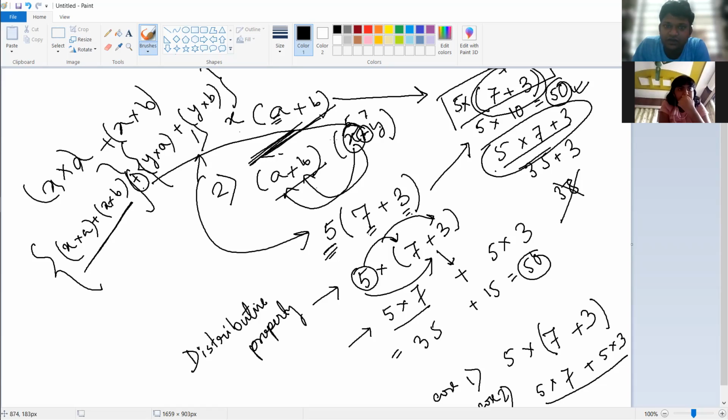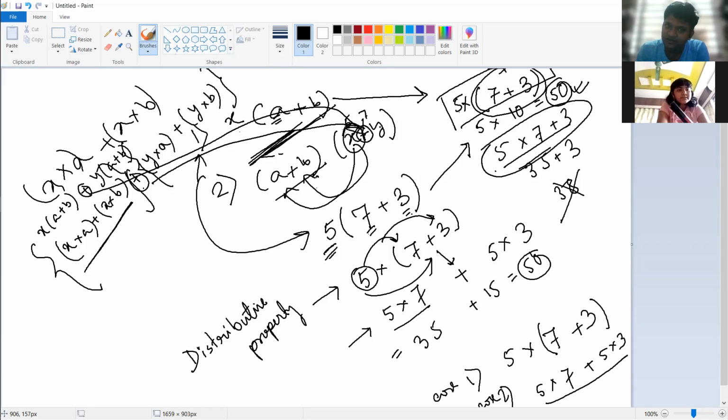The first term comes from x into a plus b, plus y into a plus b. This plus is coming from x plus y. As there is x plus y, that's why it's plus. If there is x minus y, the sign will be minus. Got it?